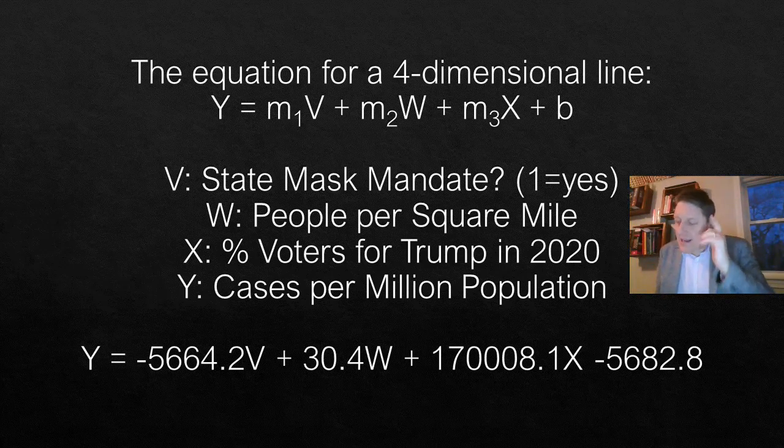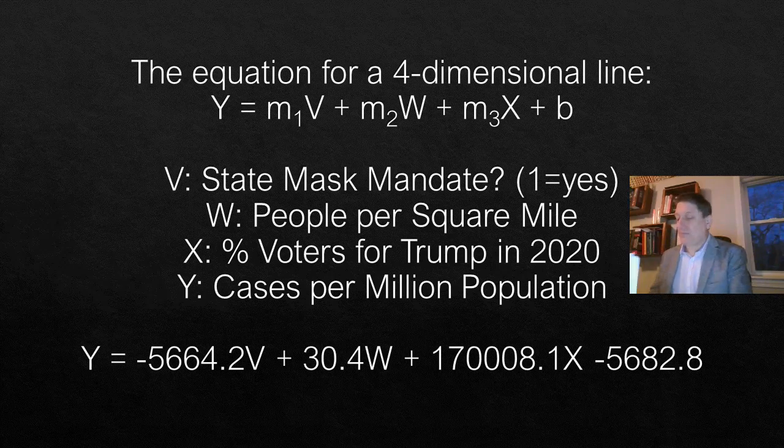It's saying that as the number of people per square mile, and let's remember the units are anywhere between 1 and 1,200, every time you go up by 1 person per square mile, you're going to add on 30.4 to the cases per million population. So now that's in the right direction.